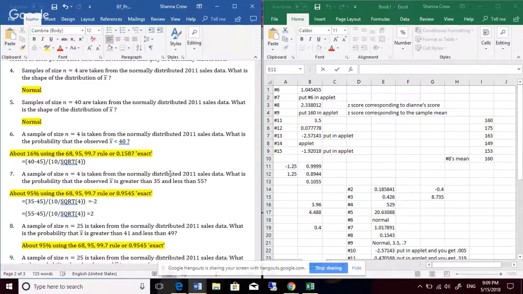So 40 minus 4 is a standard deviation of above. Standard deviation of 10 divided by, what's the sample size? Sample size is 4.